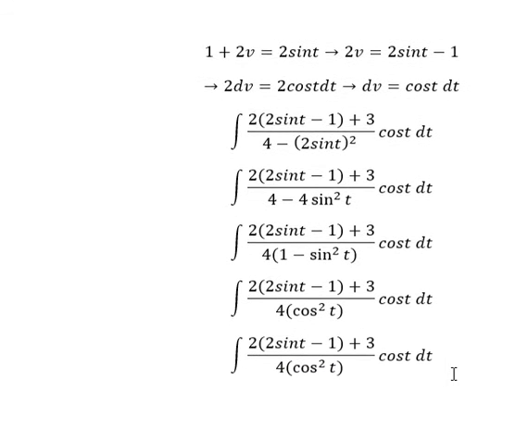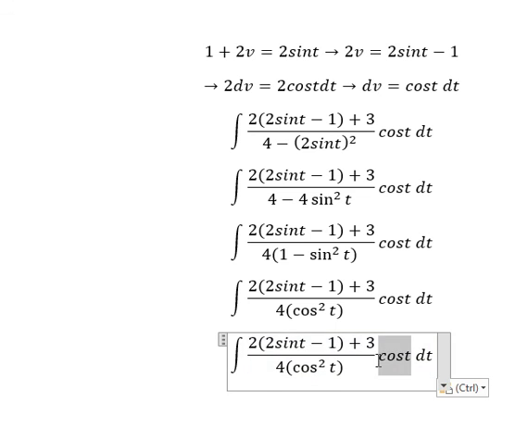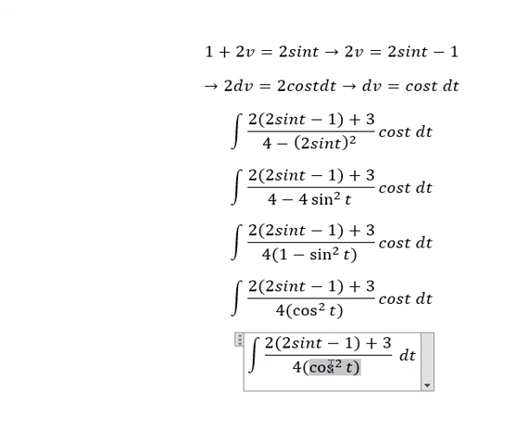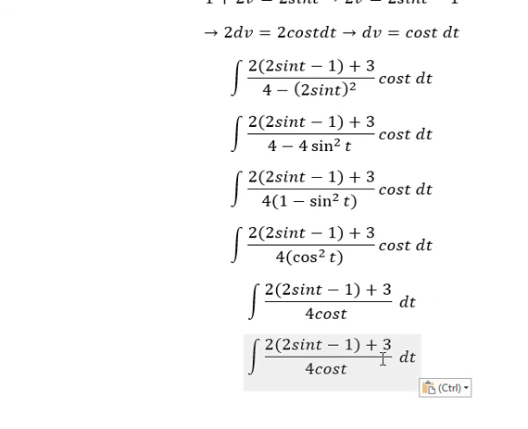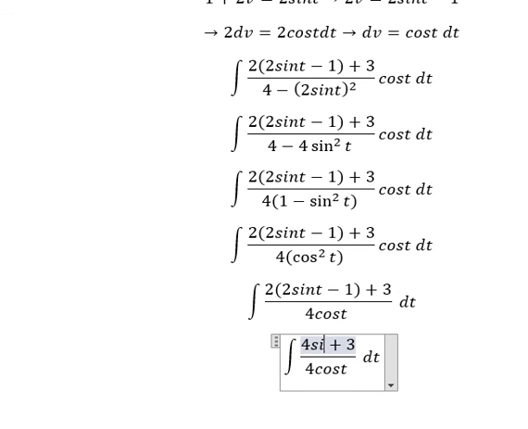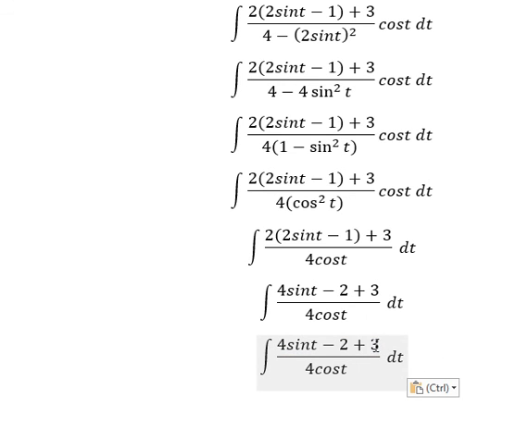And now we simplify cosine t, cosine t. So number 2 multiplied by this one. So 3 minus number 2, we have positive number 1.